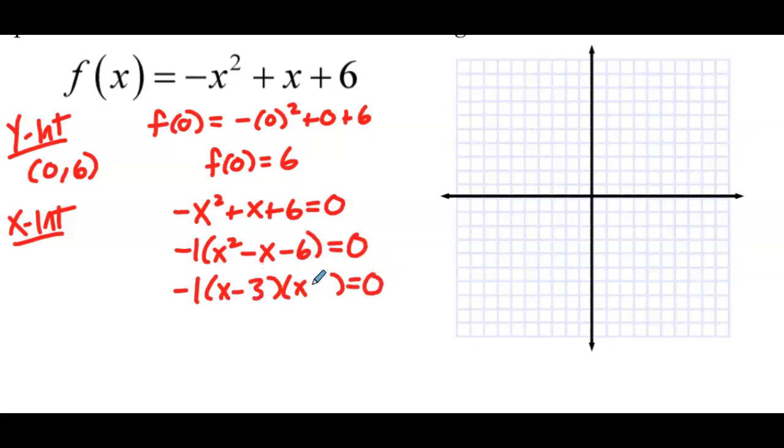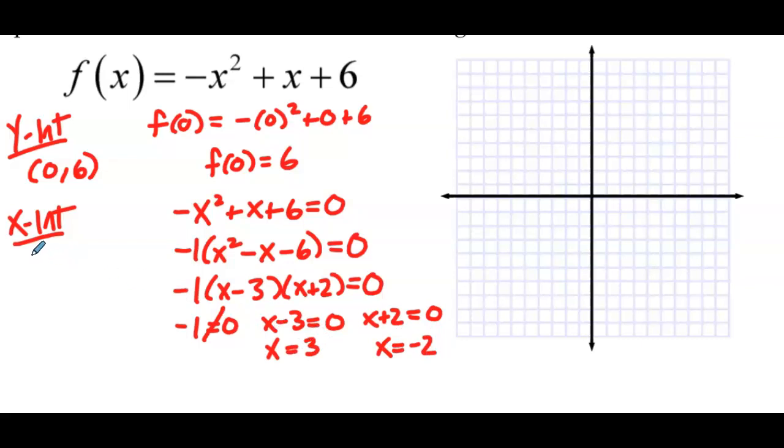So that's negative 3 and positive 2. So either negative 1 equals 0, x minus 3 equals 0, or x plus 2 equals 0. Well, negative 1 doesn't equal 0. X would be 3, or x would be negative 2. So we have 3, 0 and negative 2, 0.